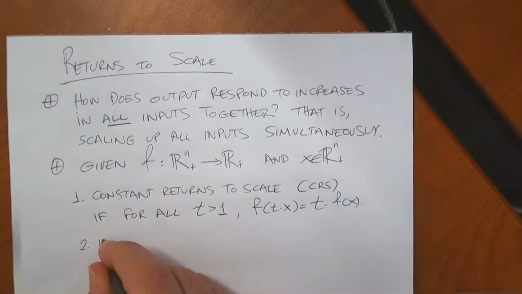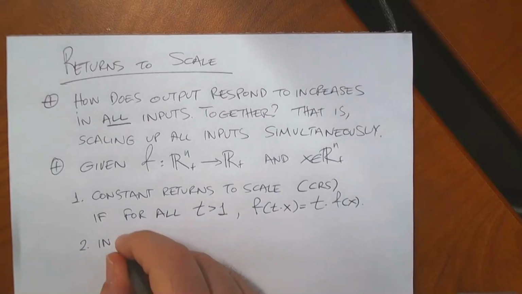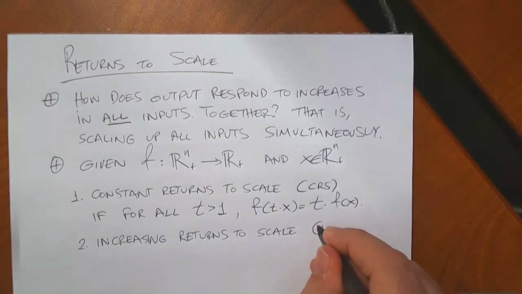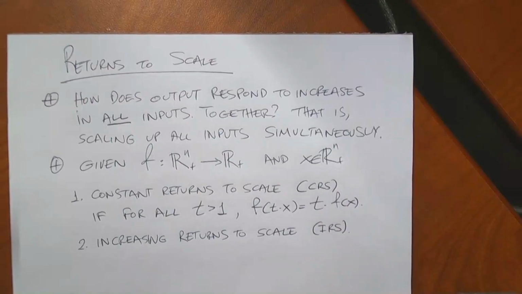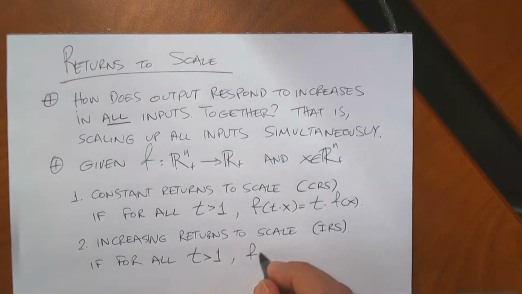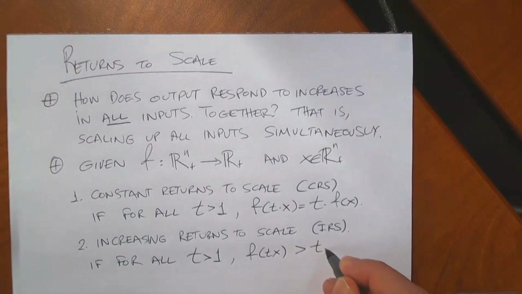The second case, now you can imagine the increasing and decreasing aspect to this. So you would have increasing returns to scale. That would be IRS in short, if, again, for all t greater than 1, the output that you get from this scaling up of the inputs now is greater than what you would have had if you multiplied your original production function by this factor t.